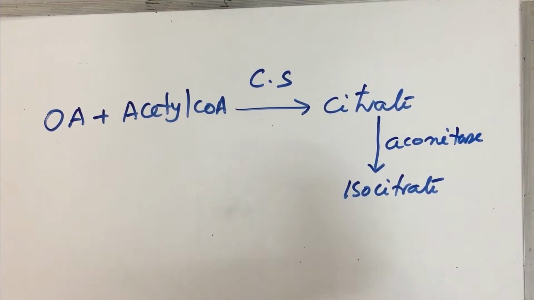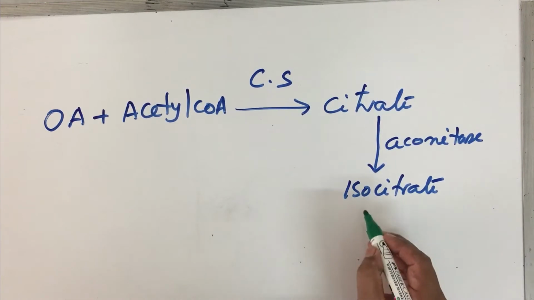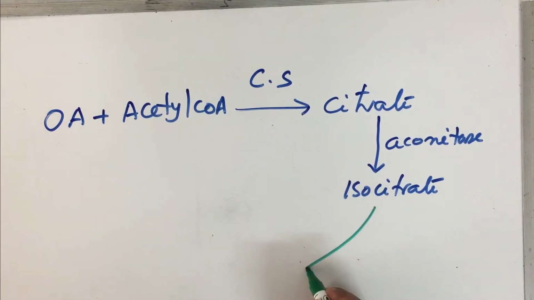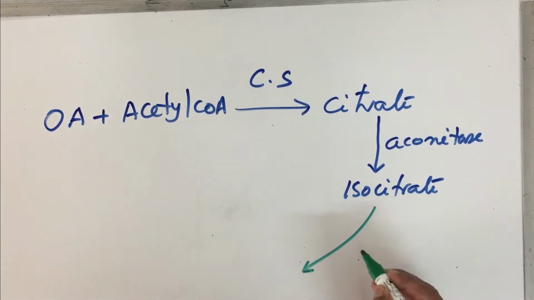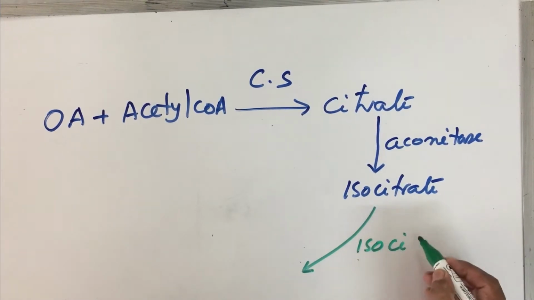Once isocitrate is formed, now comes the important, new enzyme. Remember, in the TCA cycle, isocitrate undergoes two decarboxylation reactions. We are bypassing those decarboxylation reactions. Now we will cleave isocitrate by the enzyme isocitrate lyase.